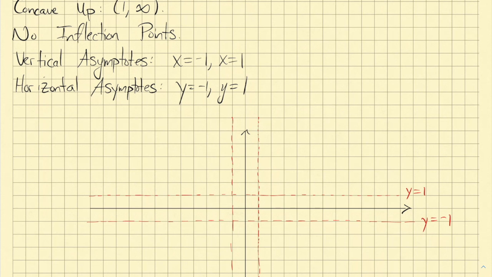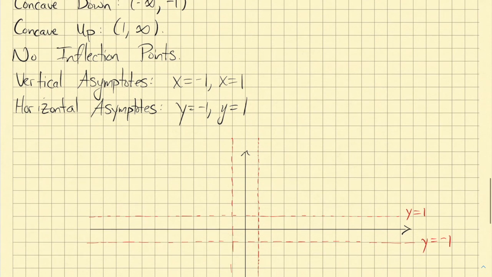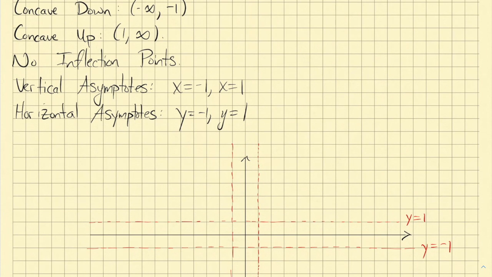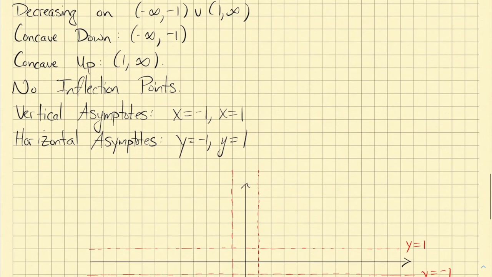Great. Now we have all of our information together with our asymptotes. So first thing to note is that our function is going to be a decreasing function everywhere that it's defined. So it's going to be defined to the right and to the left of our two vertical asymptotes, x equals minus 1 and x equals 1.